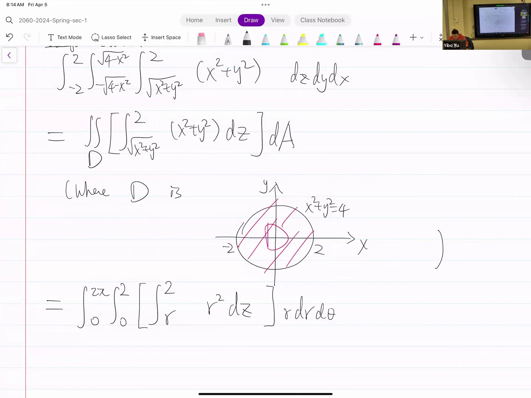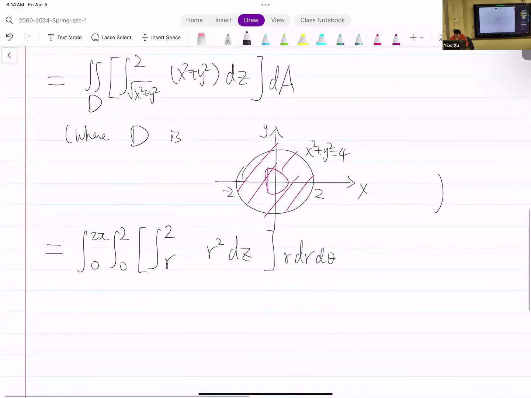And then it will not be so hard to compute. For the innermost part, you're integrating with respect to z, but r squared is treated as a constant. So the inner integral will be r squared as a constant multiplying the length of the interval from r to 2.